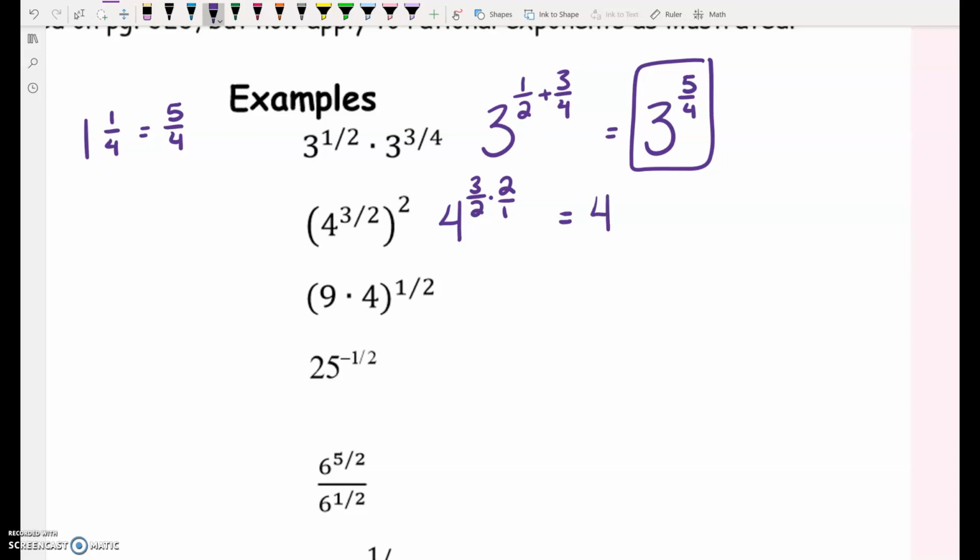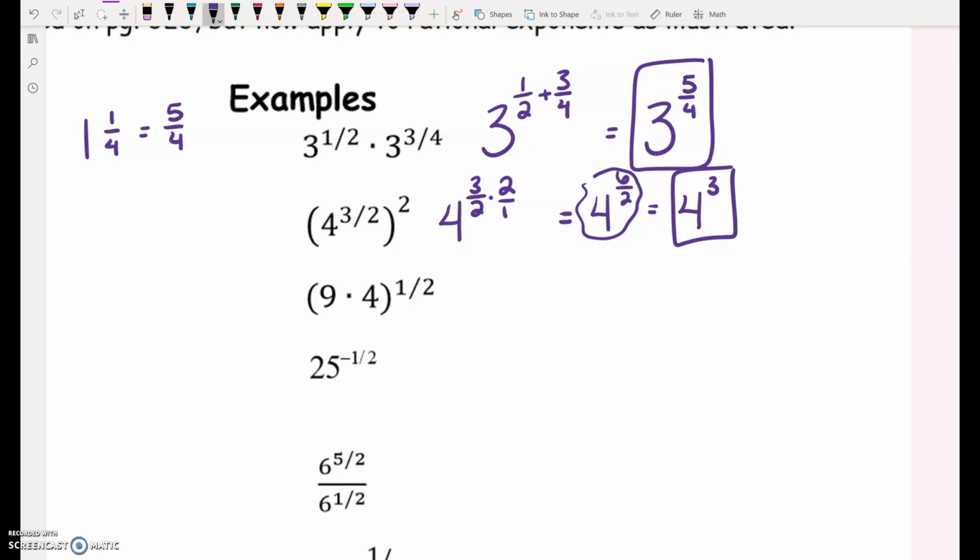This would be 4 to the 6 over 2. What is 6 divided by 2? 3. So in your calculator, if you did 3ABC button 2 times 2, your calculator told you that the answer was 3, and you didn't have to do this step in the middle. So using your calculator will save you time when doing these.